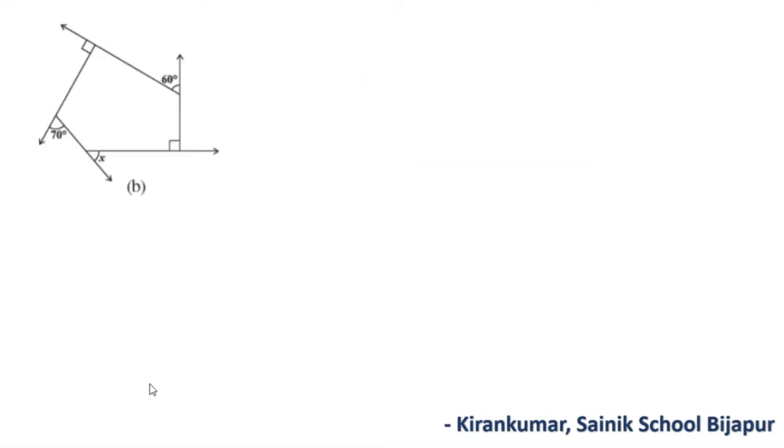Look at this figure. It has got 5 sides. 1, 2, 3, 4, 5 sides. So it is a pentagon. We can make use of the linear pair and then find, or else we can make use of the sum of exterior angles. Since I know that this is 90 degrees, this is 90 degrees, I know all the exterior angles.